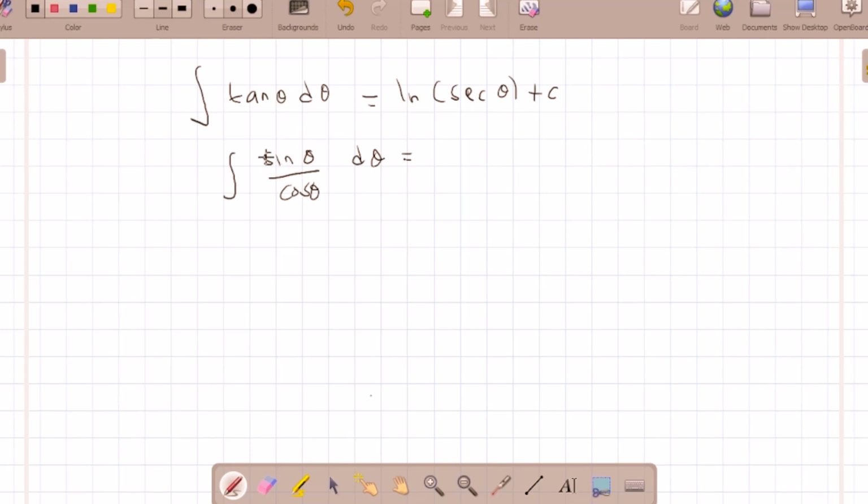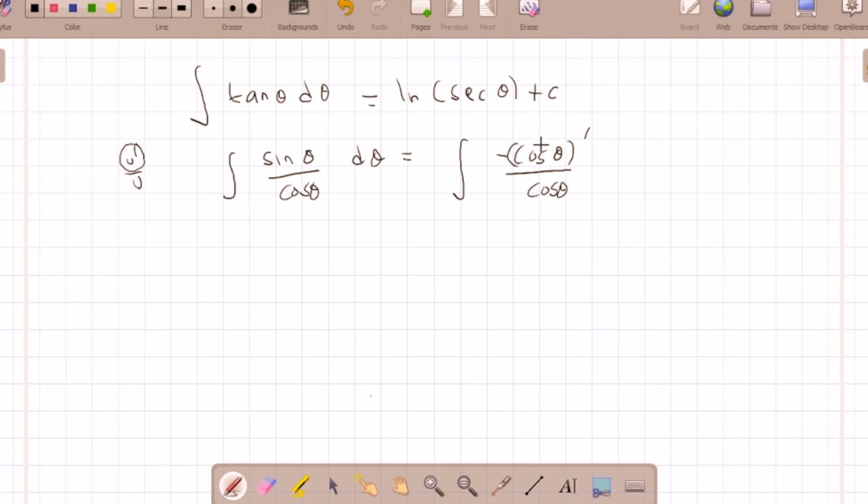All right, we want to express this in the form u prime over u, where u is our function, that is in this case cosine of theta. We need the top part to be u prime. We know that the derivative of cosine of theta is minus sine. So this is equal to minus cosine of theta prime over cosine of theta.